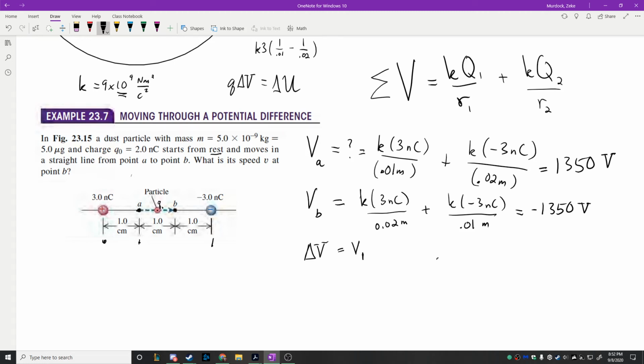So it's VB minus VA. And that's going to be double this, right? VB is the one that's more negative, and it's in front. So it's going to be negative 1350 minus 1350. So it's going to be 2700, right? With the negative sign in front of it.